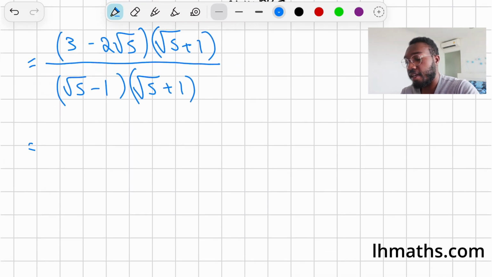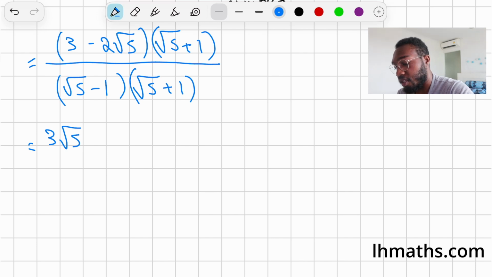We would get a 3 times a root 5, which is 3 root 5. We would get a 3 times a 1, which is just a 3. We get a minus 2 root 5 times root 5. So what is that? So we get a root 5 times a root 5, which is just 5. A minus 2 times a 5, that is a minus 10.